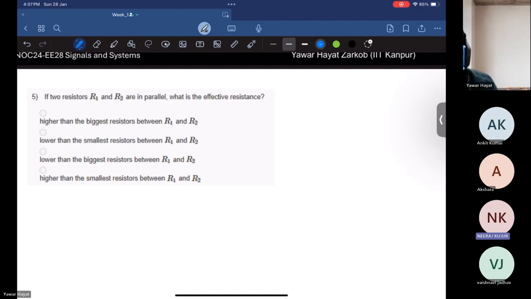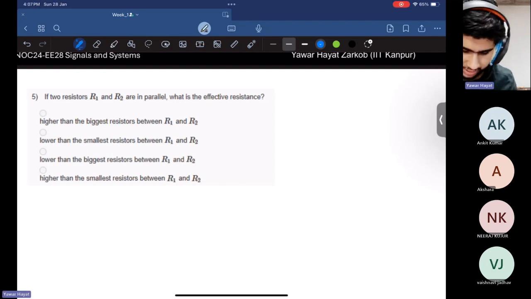The second option, sir, lower than the smallest resistor. That is the correct answer.